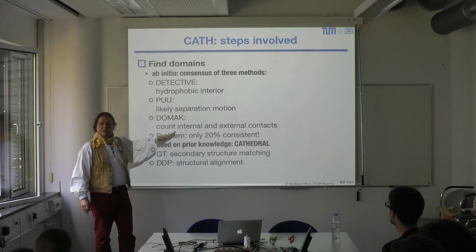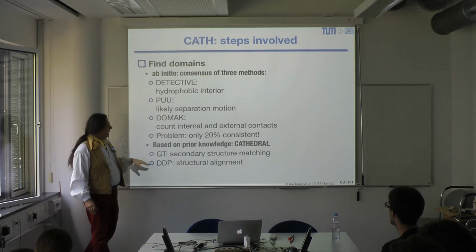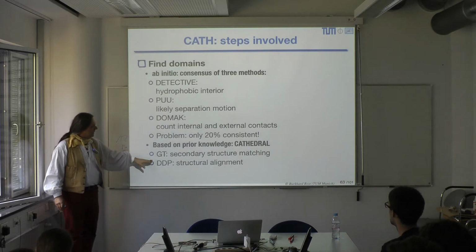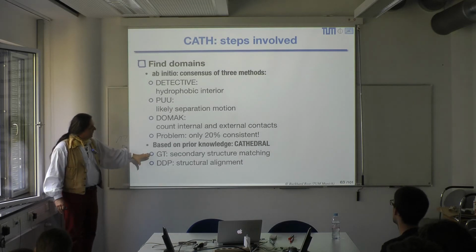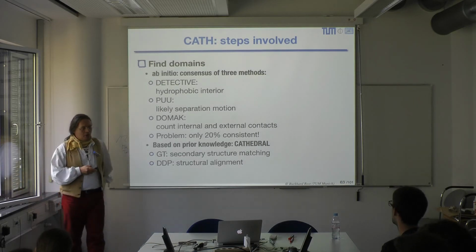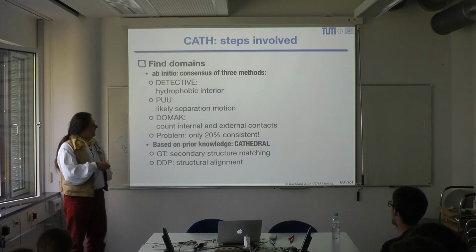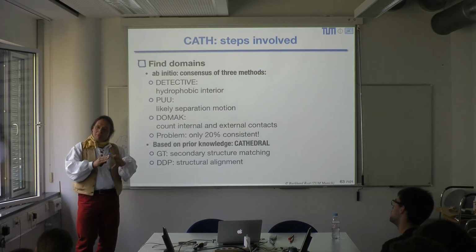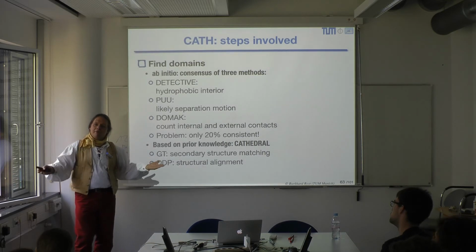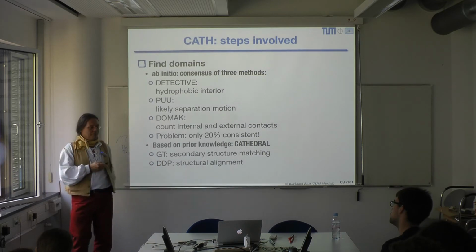When they don't, there is additional work involved, and they look at additional matching and ultimately look at the structure. But in contrast to SCOP, there's at least some attempt here to do as much as you can with automated methods. Okay?